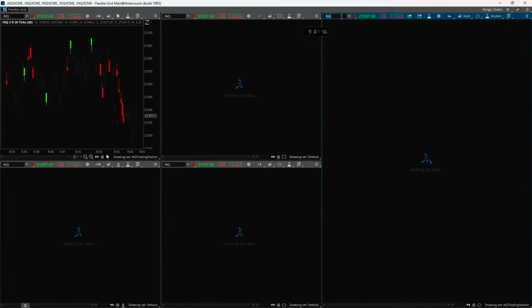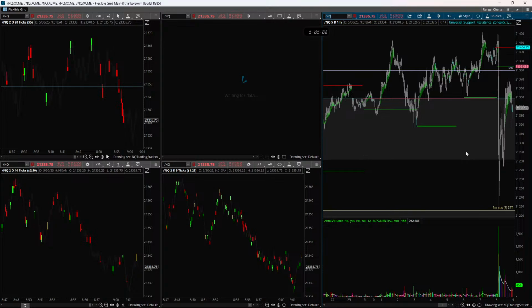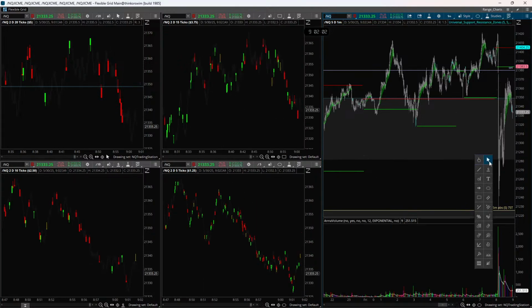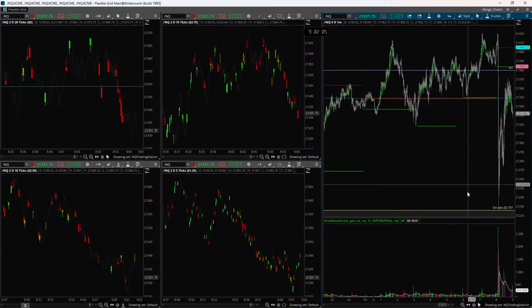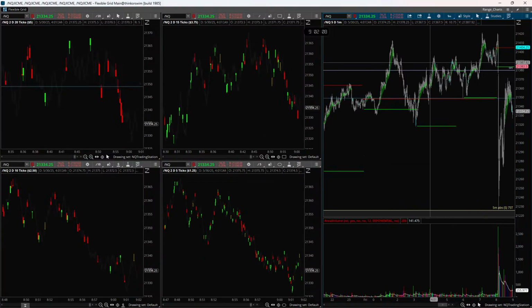But for NQ, I'm just gonna basically just quickly add whatever I don't already have and delete whatever that's been broken. Really what I want to do with NQ, I don't want to overwhelm myself with information overload.